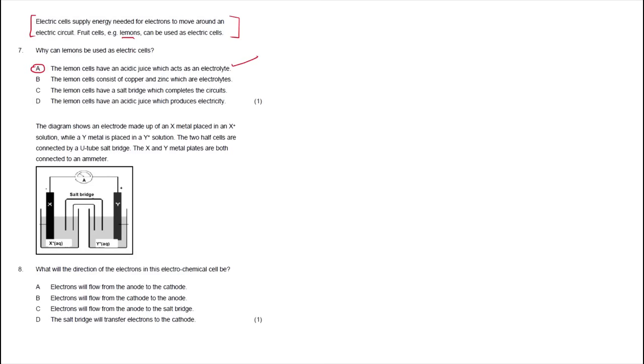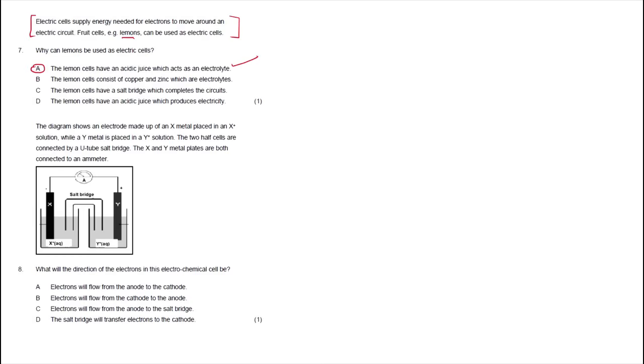So question 8 says, we can see that we are given a diagram here. We are told that the diagram shows an electrode made up of an X metal placed in an X plus solution, while a Y metal is placed in a Y plus solution.